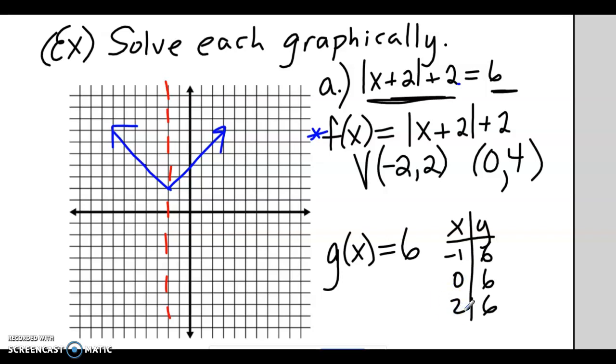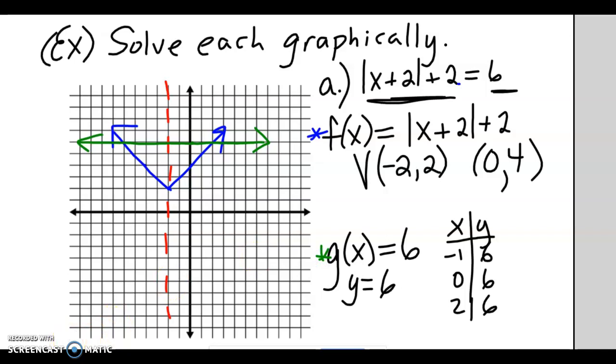Your y value is always 6. Remember g of x, we can just change to y, so y always equals 6. So I'm going to plot those points, and it's going to end up to be a horizontal line where y equals 6. 1, 2, 3, 4, 5, 6. So I'm going to go 6 on my y-axis, and then I'm going to draw a horizontal line. And that's the g of x function.